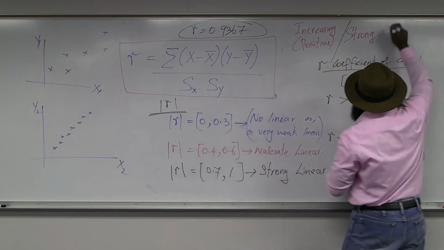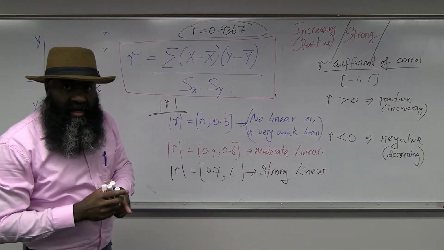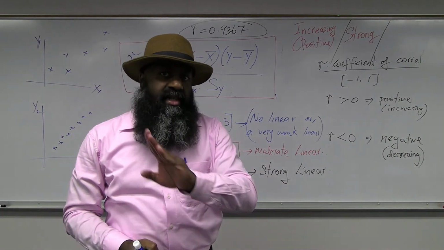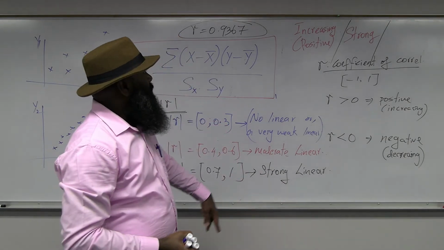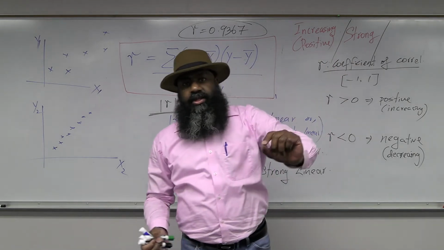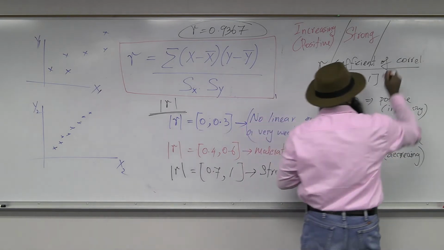Now, what's the third part? The third part is, we said R only quantifies the strength of the linear relationship. So it's an increasing, strong, not just relationship, but a linear relationship. So the term linear is required.